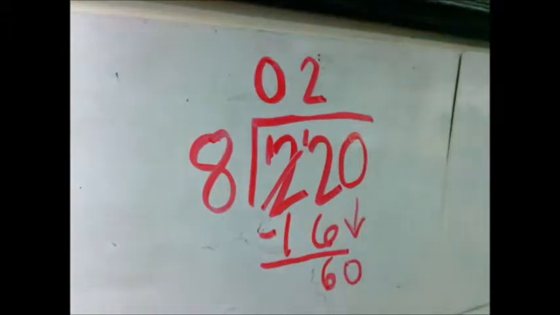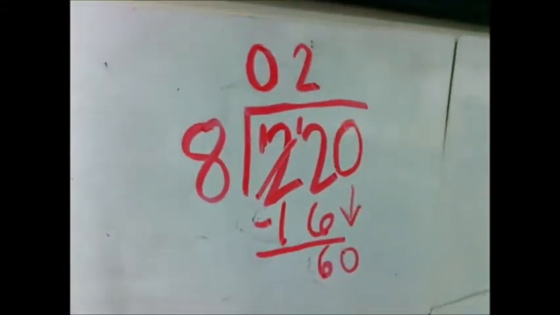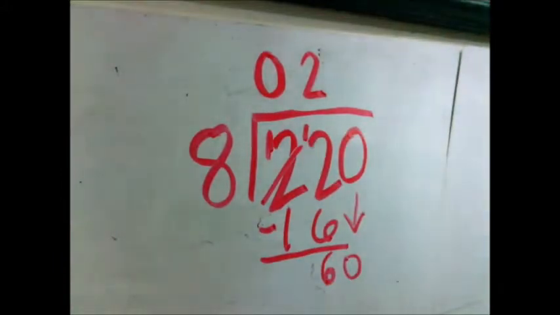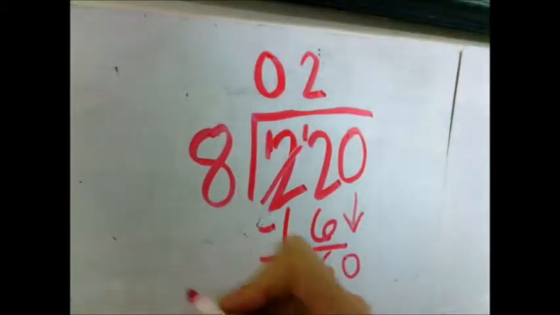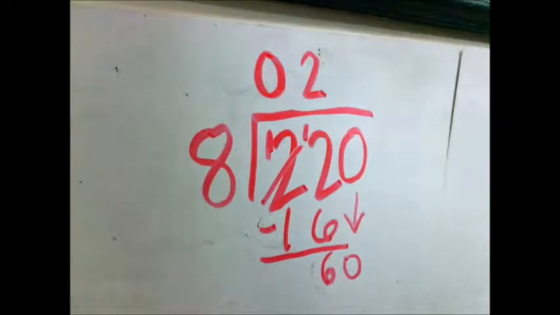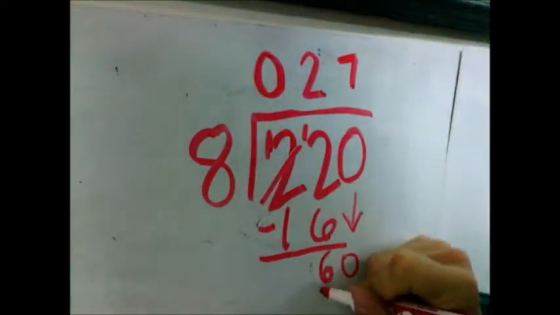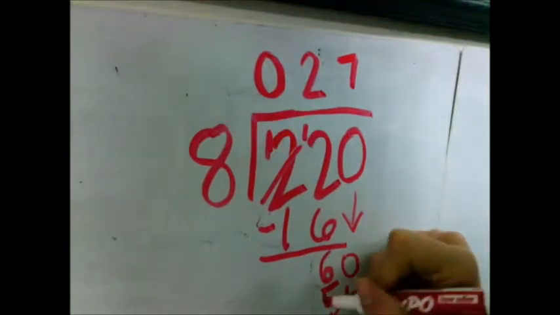So you want to know how many times 8 will go into 60. This is where you're going to need to know your math facts. If you know your math facts, you're going to know right away that 8 times 7 is 56. So I know that it will go in 7 times.